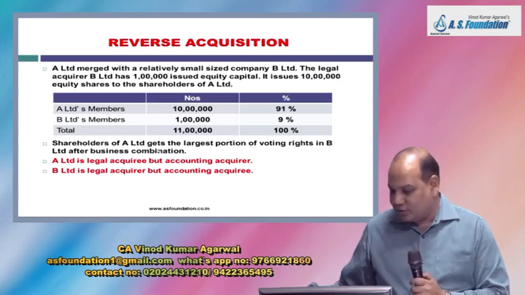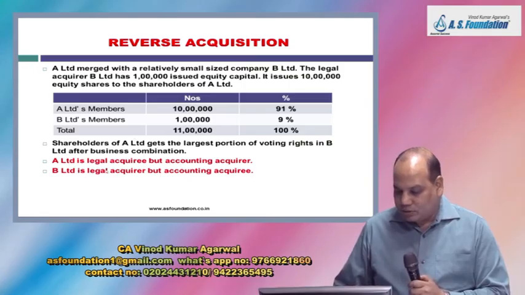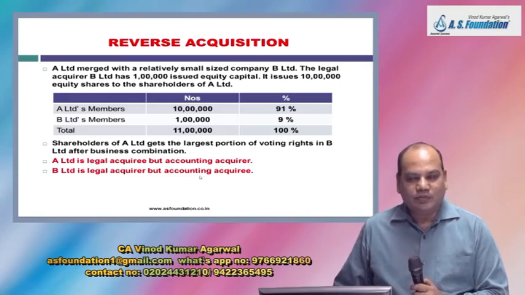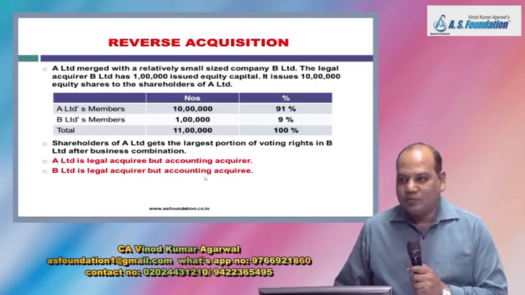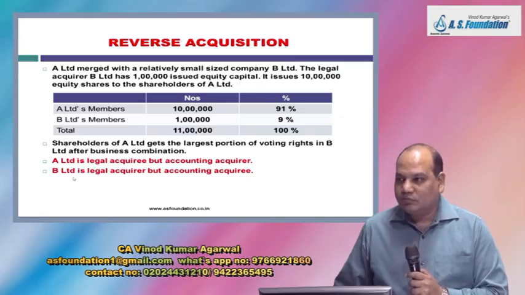So now the problem is, the standard says the assets and liability of the accounting acquiree taken over will be recorded at fair value. But who is the legal acquirer? B. We are in the books of B only.